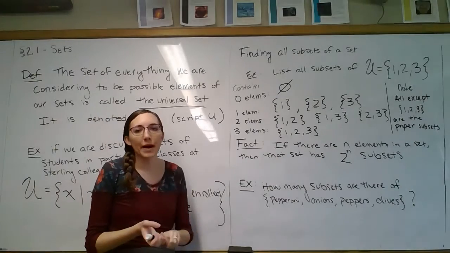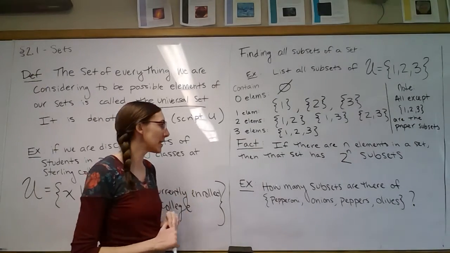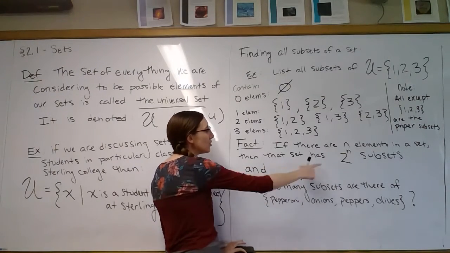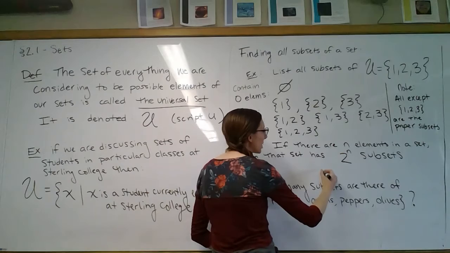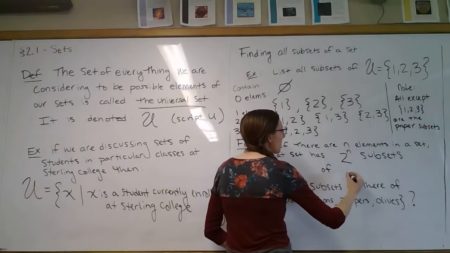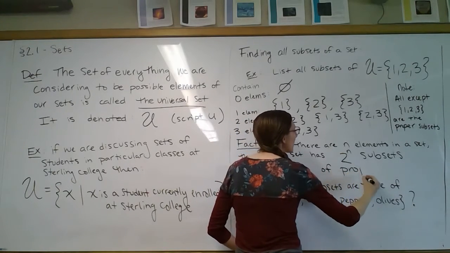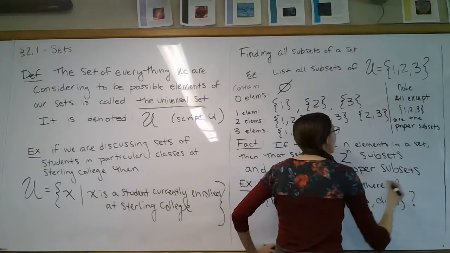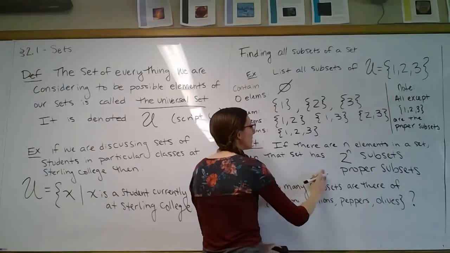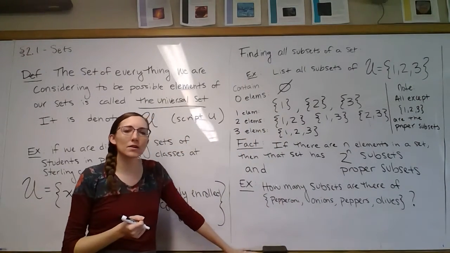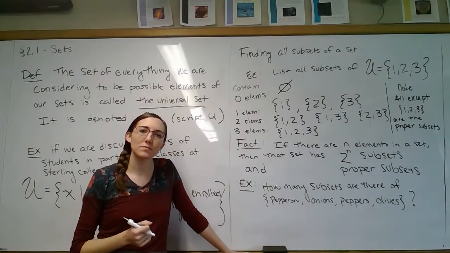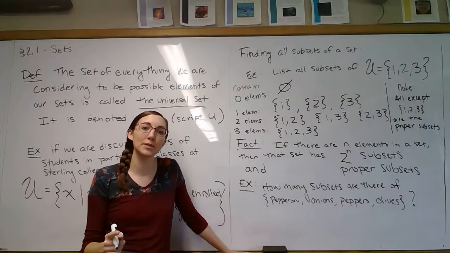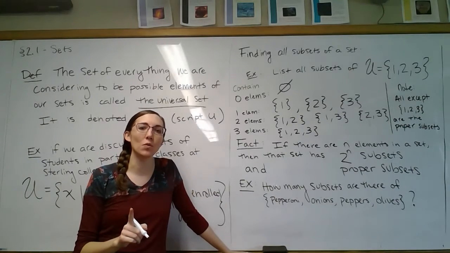Now another question we might ask is how many proper subsets does it have? So it has 2 to the n subsets and some number of proper subsets. Well, when we looked at our example up above, almost everything was a proper subset except the one that was equal.